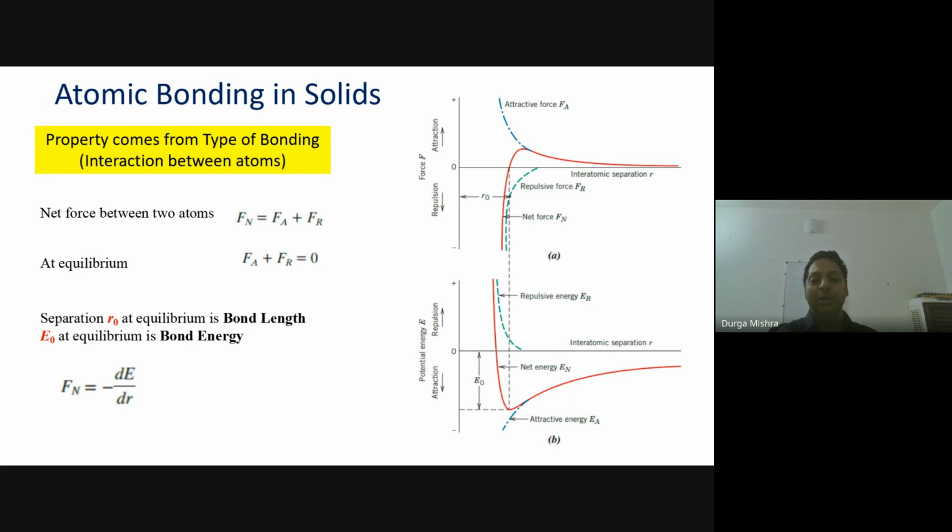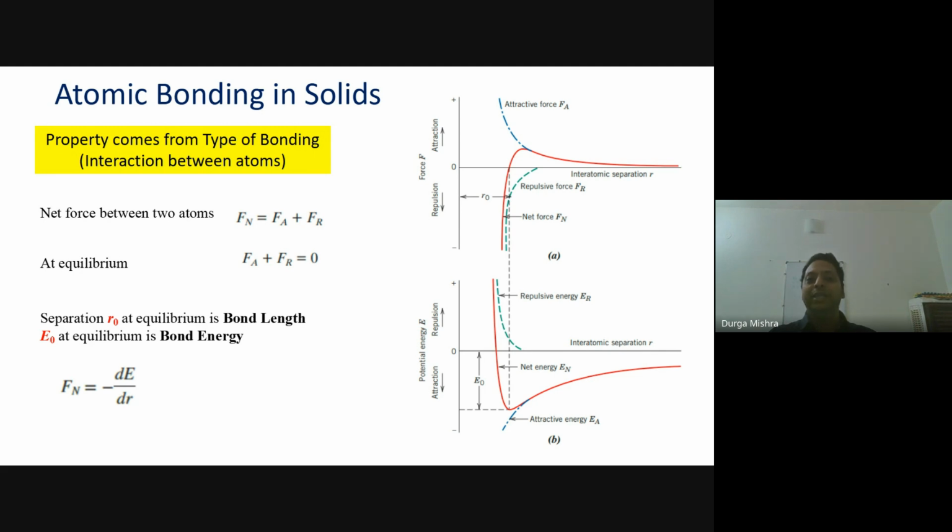Once the atoms are at this equilibrium position r0, they will be really stable, and will have a certain potential energy, of course. But if I want to break it, I have to give this much energy E0 so that I can break these two atoms apart. So this is, in a very general way, how you can understand how bonding forms.